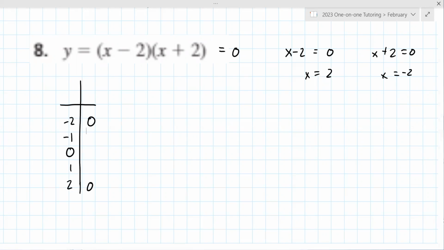Okay. -1, -2, 1, 2, 0, 0. Looking at 1: 1 minus 2 times 1 plus 2, -2.